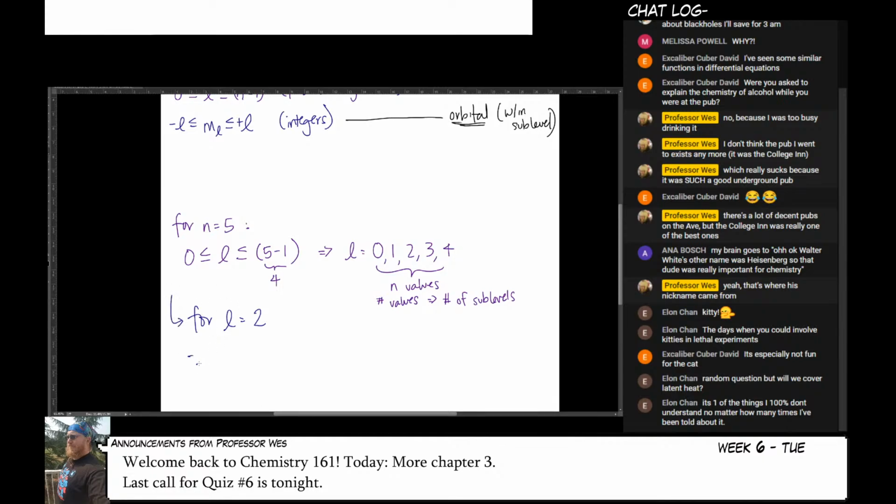So that would be negative L to positive L integers. And so we would say, okay, well, m sub L equals negative 2, negative 1, 0, positive 1, positive 2.